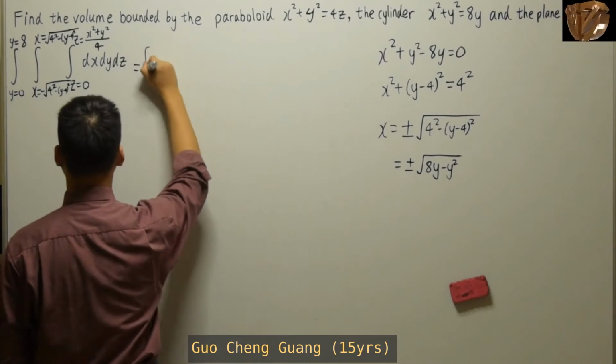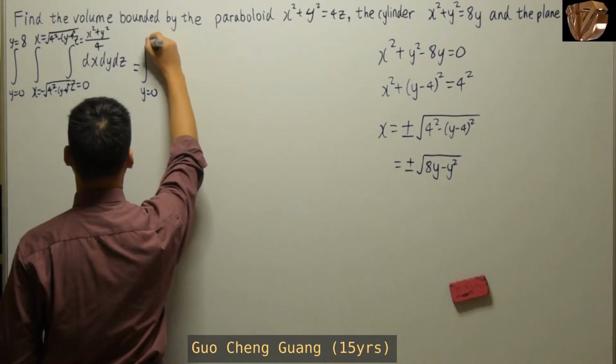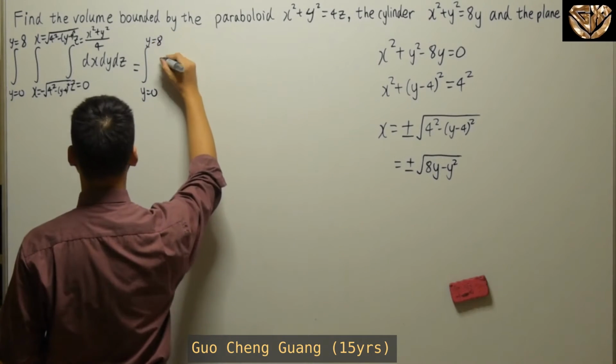Now for z, it should be rather simple since you don't really have an integrand yet.